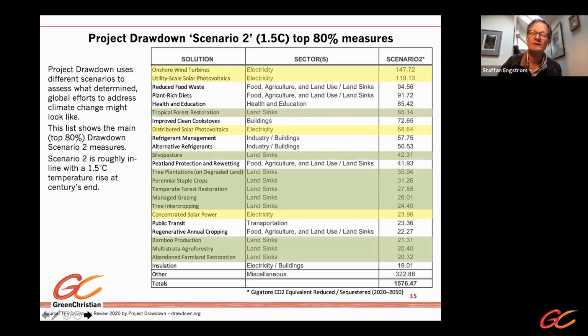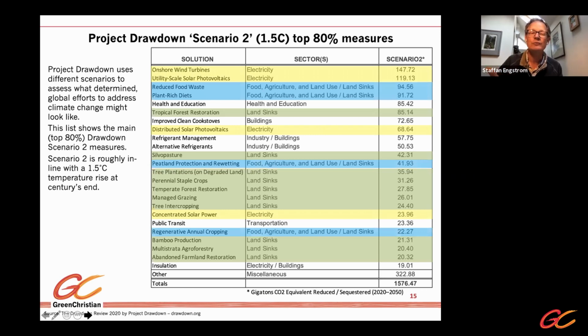Restoring tropical forests, silvopasture, tree plantations, perennial staple crops, temperate rainforest restorations, grazing, tree intercropping, all those key issues about how we really benefit by looking after the land that sustains us and that we live on.